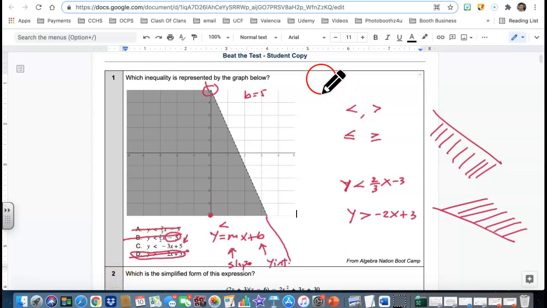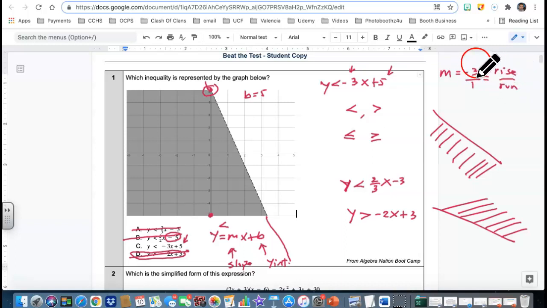So my final answer is y is less than negative 3x plus 5. Now I know that this is my y-intercept. What about my slope? Let's double check the slope at the same time. If I'm going to graph this line, I will go straight to my y-intercept, and then my slope is negative 3. Make it a fraction, and remember that your slope is rise over run.